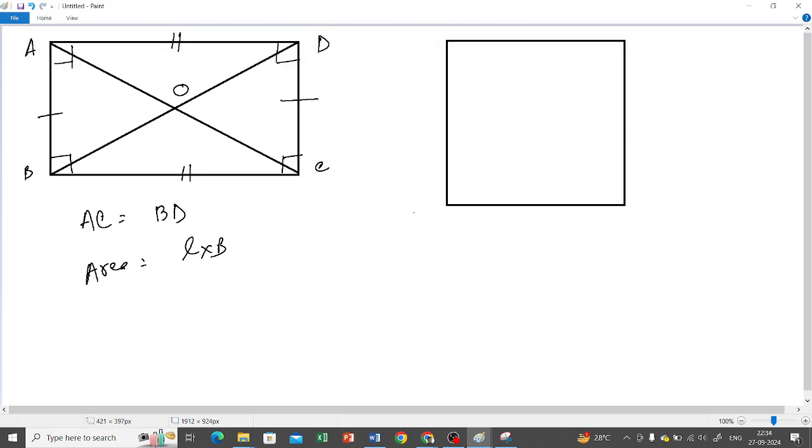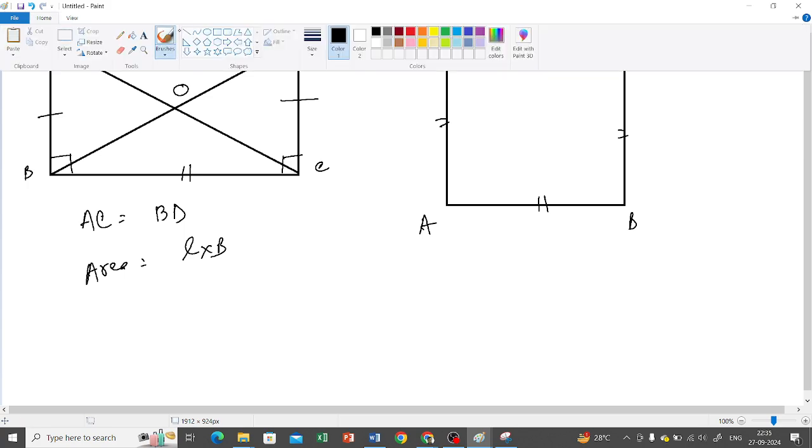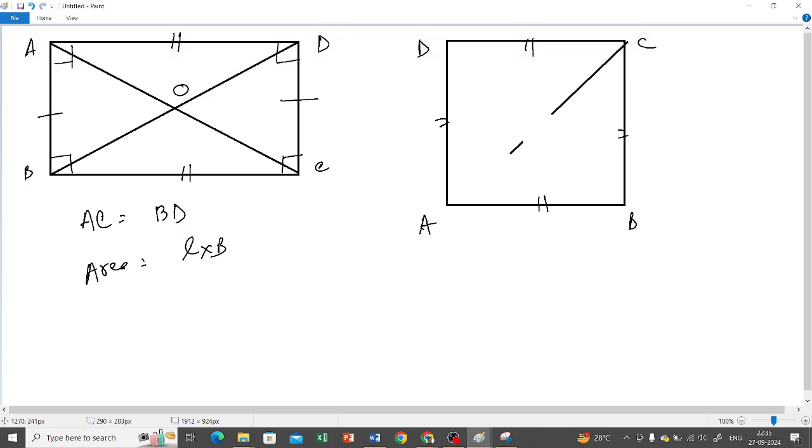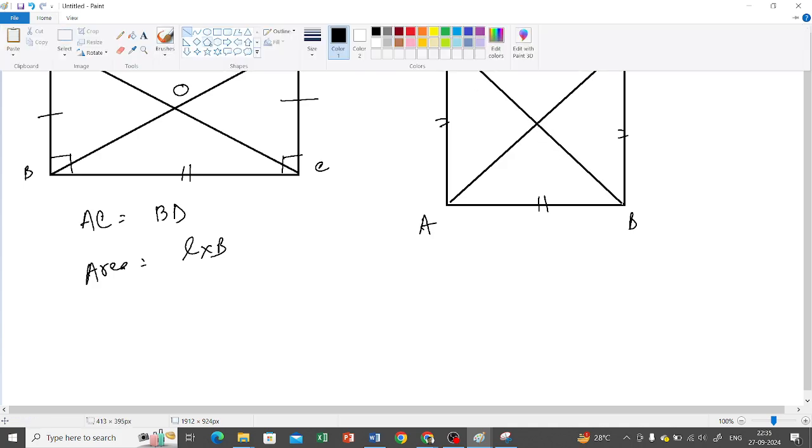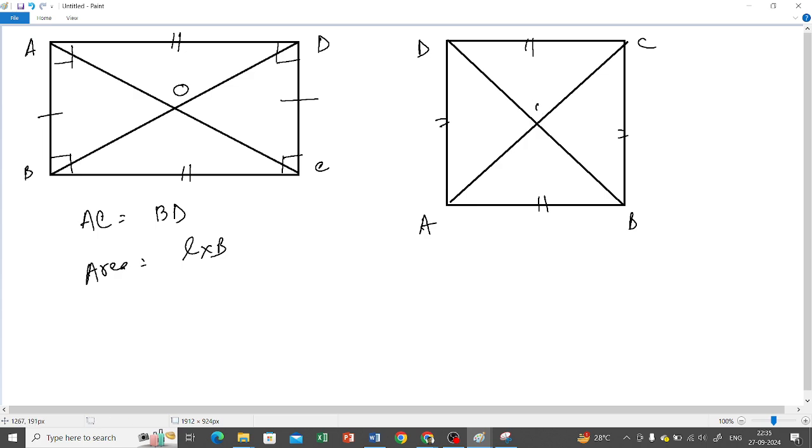So square, that also you know very well. In a square, all the sides are equal. Diagonals are equal and they are not perpendicular to each other, but the diagonals are equal. Alright.